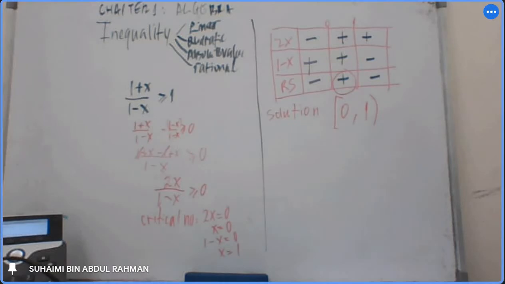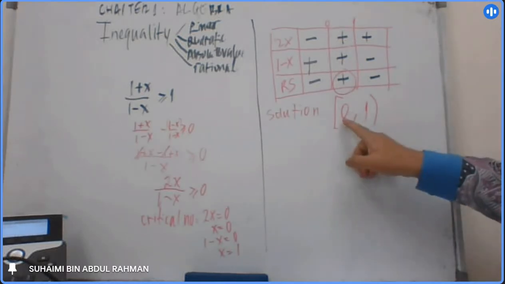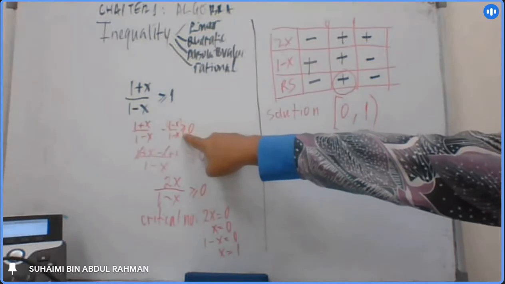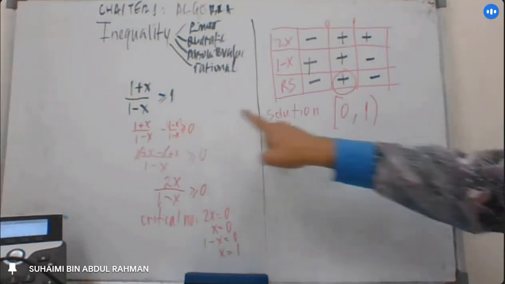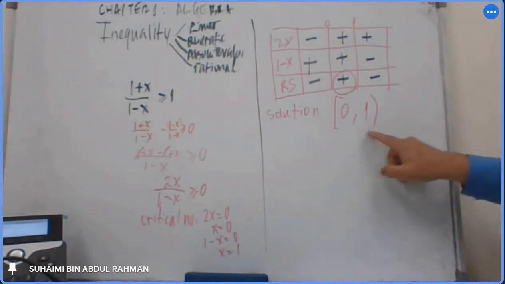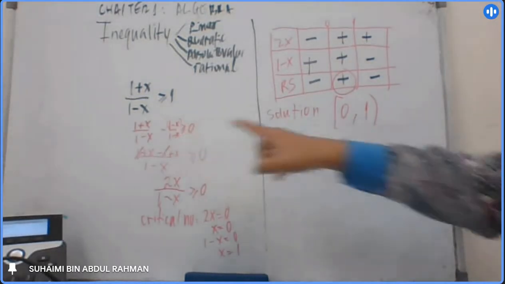Sir, I still don't understand how we include 0 and how we exclude 1. Okay. We include 0 because the sign here is the sign of including. We want to include 1 as well because of the sign of including.